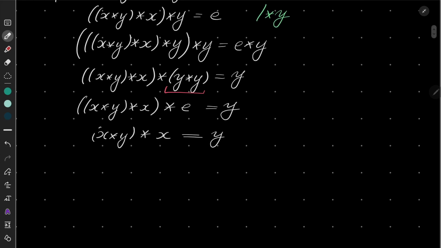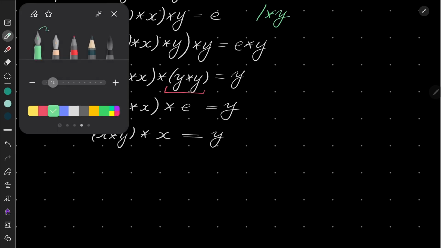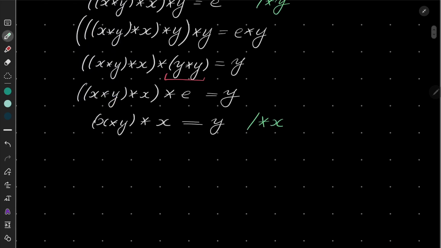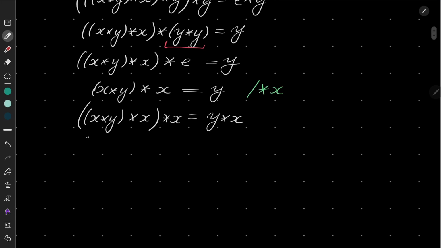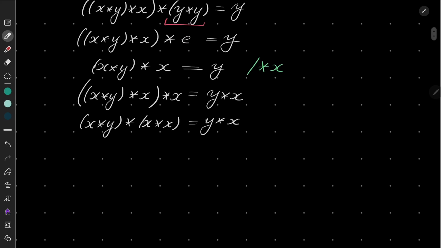Okay, so now what I wish to do is to take star x on both sides. And now I have the following: x star y star x star y star x equals y star x. And now again, one last time, I will put parentheses in a different order. And let's notice that x star x is again, by our assumption, the neutral element.